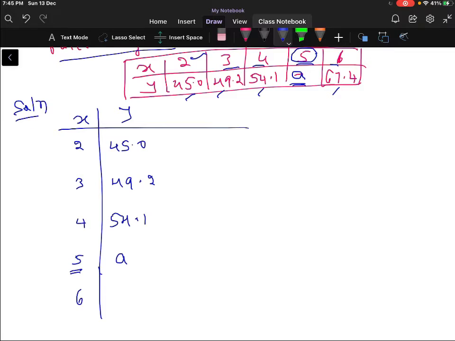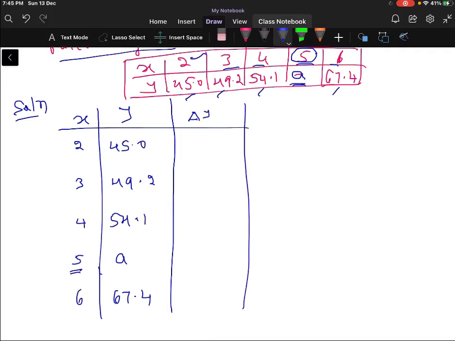At x equal to 6, the corresponding value of y is 67.4. Let us calculate the first forward difference, delta y here. So this is y0, y1, y2, y3 and y4.